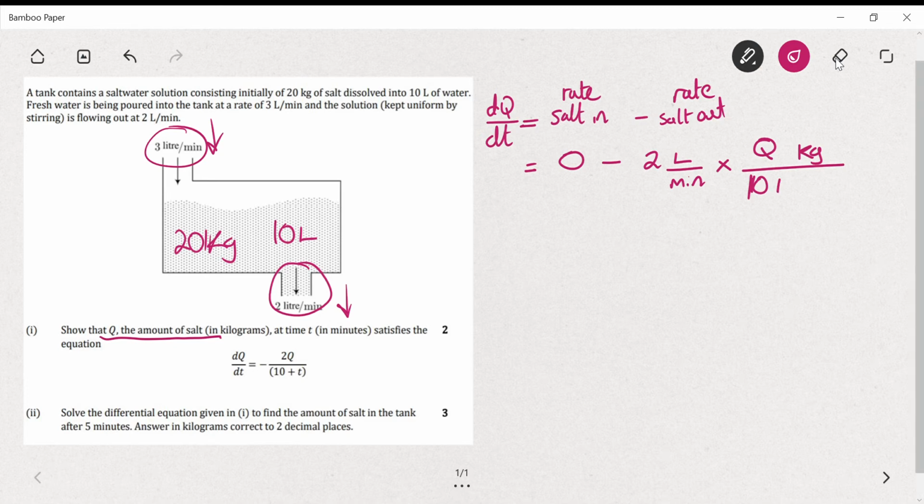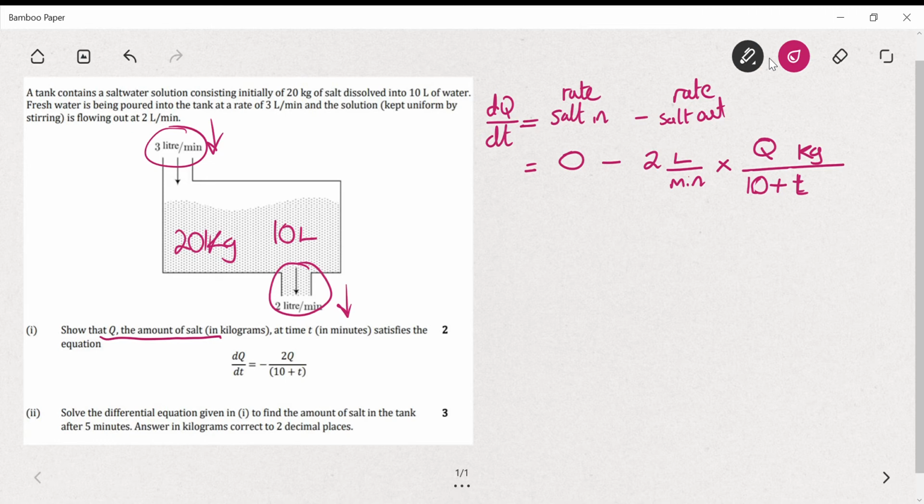So each minute there's 1 more litre going in, so that's 1 lot of t basically. 10 plus 1 lot of t. Let me make that look a bit tidier. That would just be 10 plus t on the bottom there.